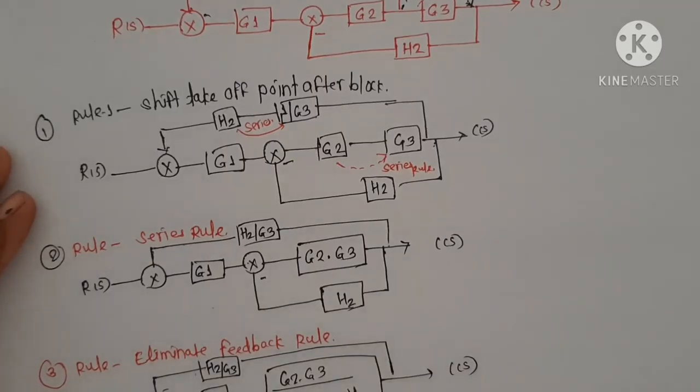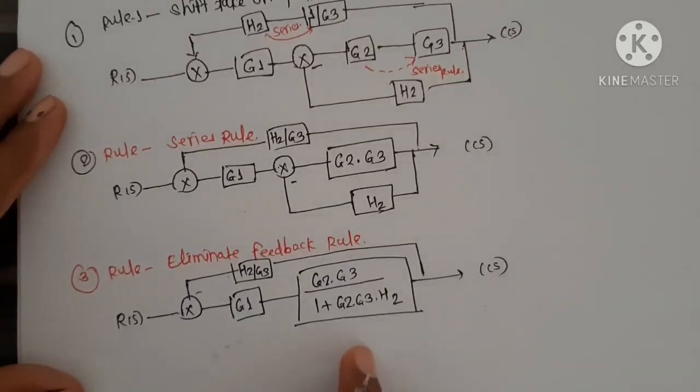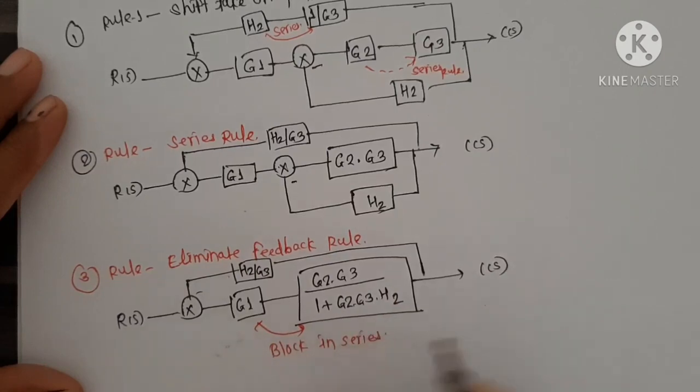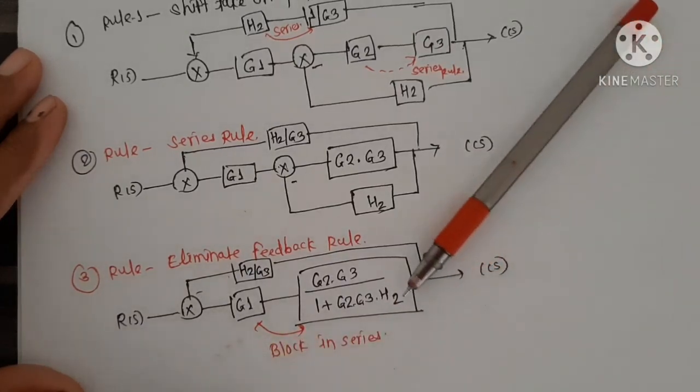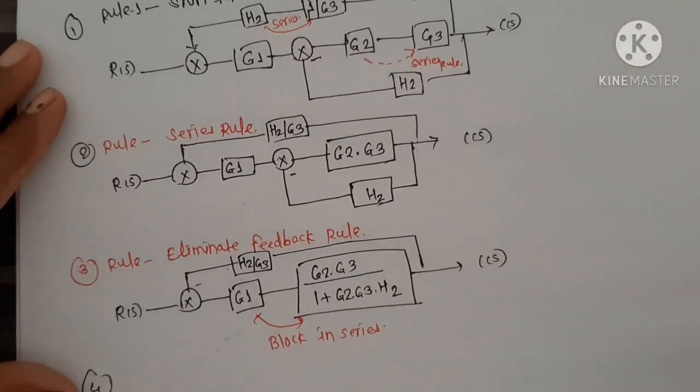After eliminating the feedback, we get these two blocks in series, so we apply the series rule here. Series rule means simply multiplication, that is G1 into the multiplication of this block.